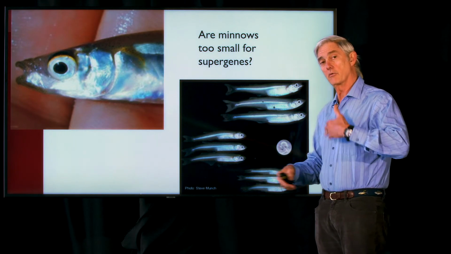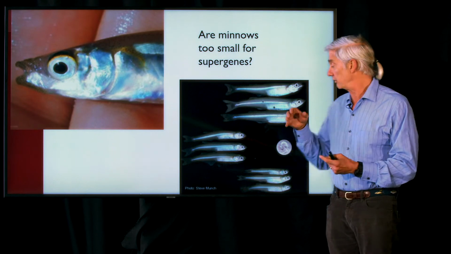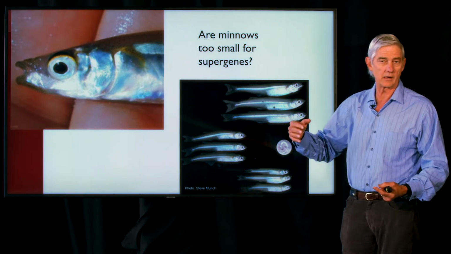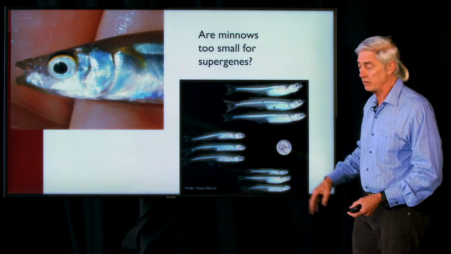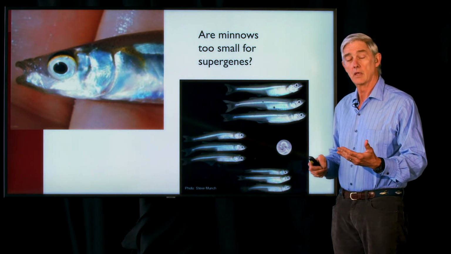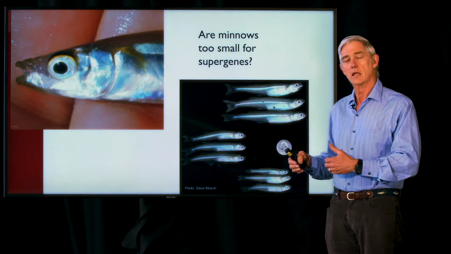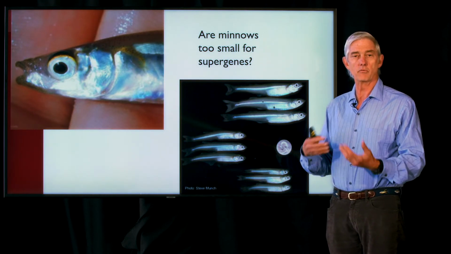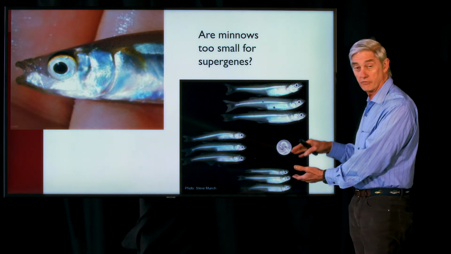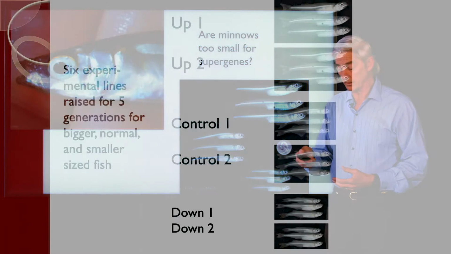And what they saw over only 5 generations was that the populations evolved to be bigger when you selected against the small ones, and they evolved to be smaller when you took out all the big ones. That corresponds to what people have seen in natural wild populations of overfished species. They have tended to evolve to be smaller and more slowly growing.